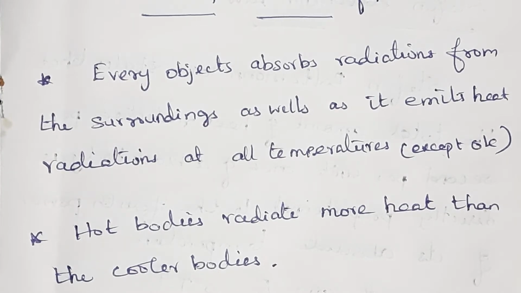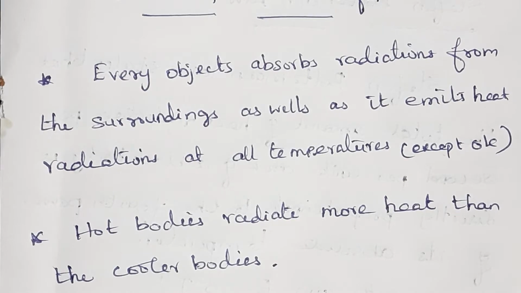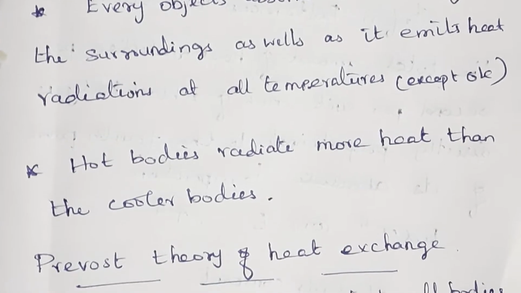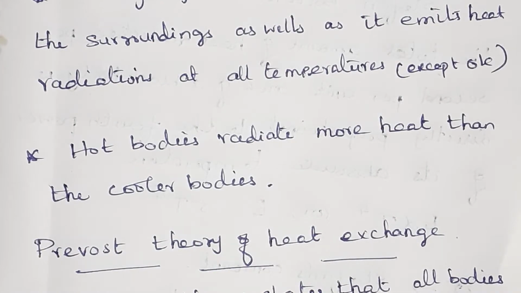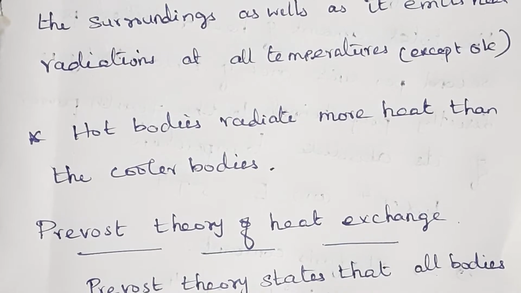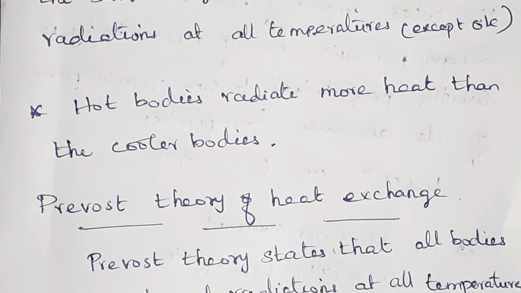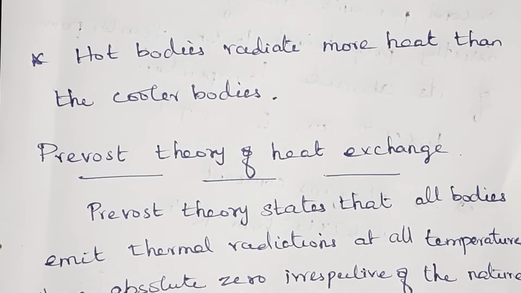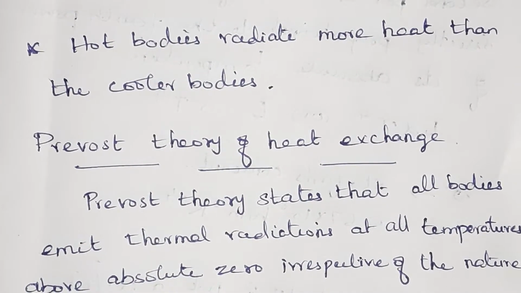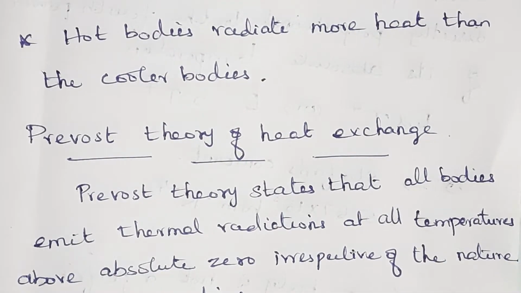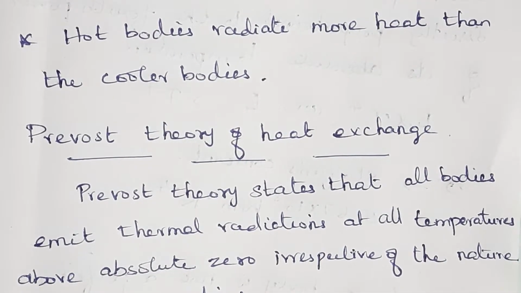Today we are going to learn the Prevost theory of heat exchange. He applied the idea of thermal equilibrium. According to his theory, all bodies emit thermal radiations at all temperatures above absolute zero, irrespective of the nature of the surroundings.